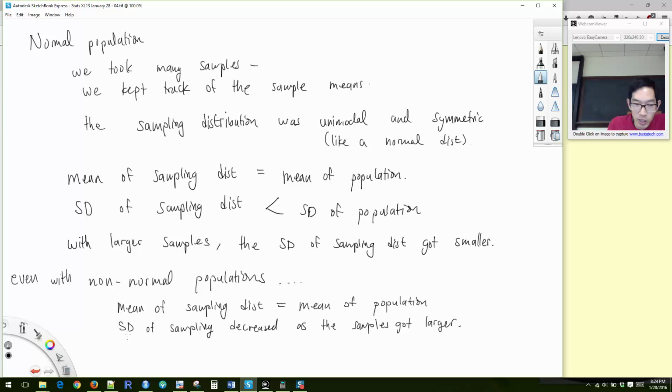So with non-normal populations, the shape became unimodal and symmetric as the sample size became quote-unquote large enough.